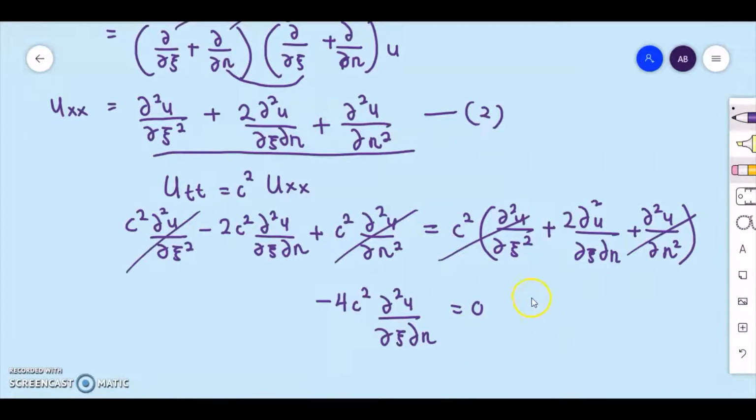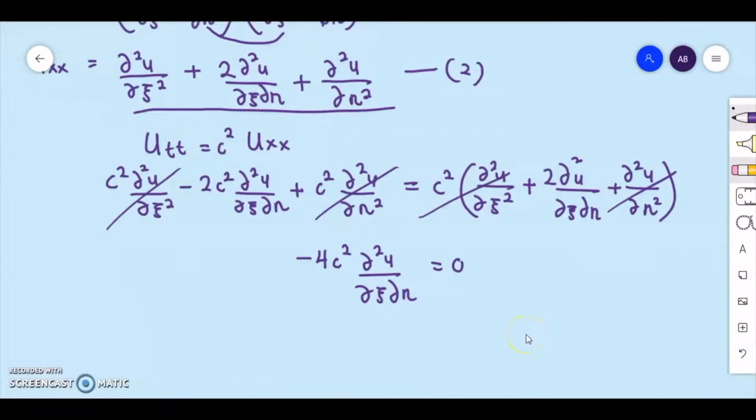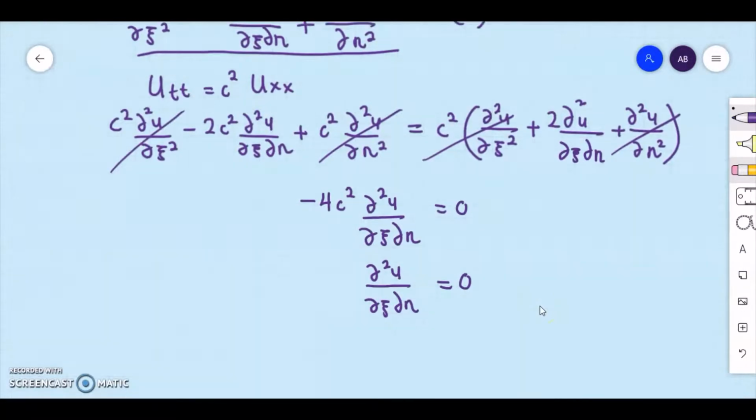So I can say that partial squared u over partial xi partial eta equals 0, or I can write it as u_xi eta equals 0. This is the equation that we have reduced and we want to solve.